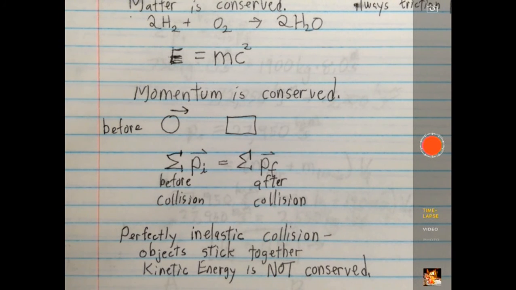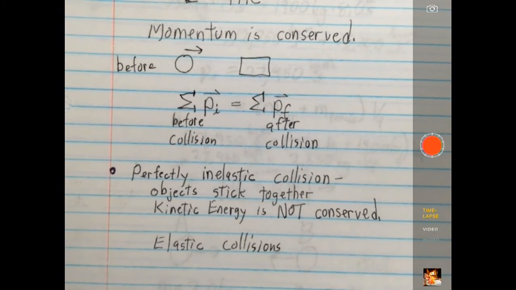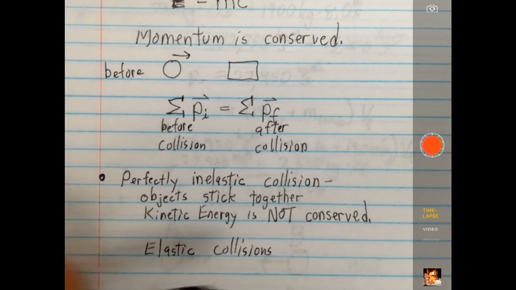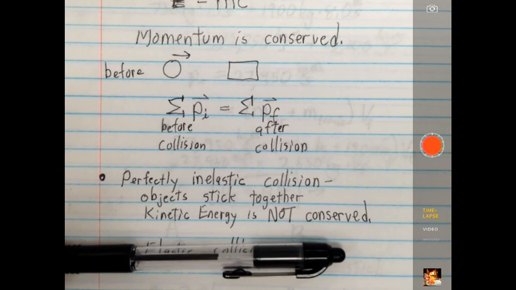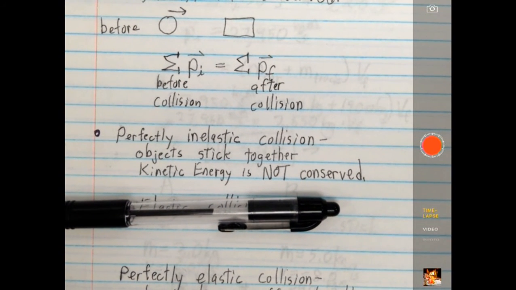There are three types of collisions. One of them is called a perfectly inelastic collision. In a perfectly inelastic collision, the objects stick together. And significant for us, kinetic energy is converted into other forms of energy.